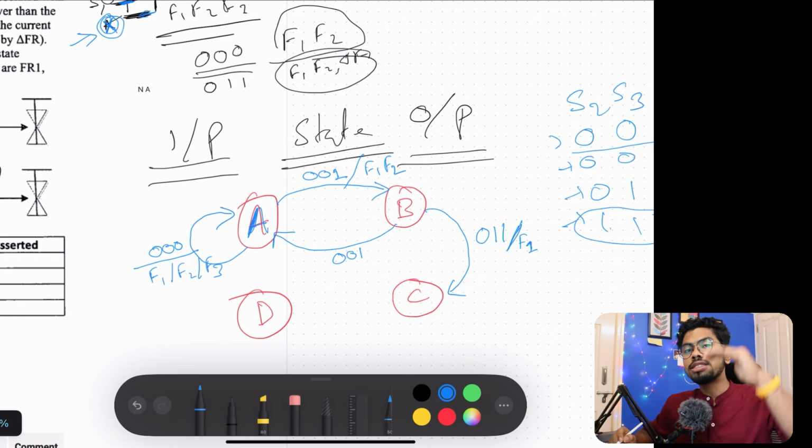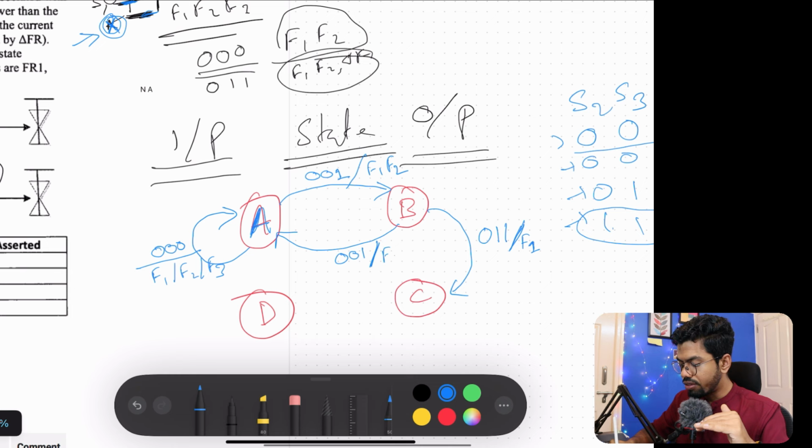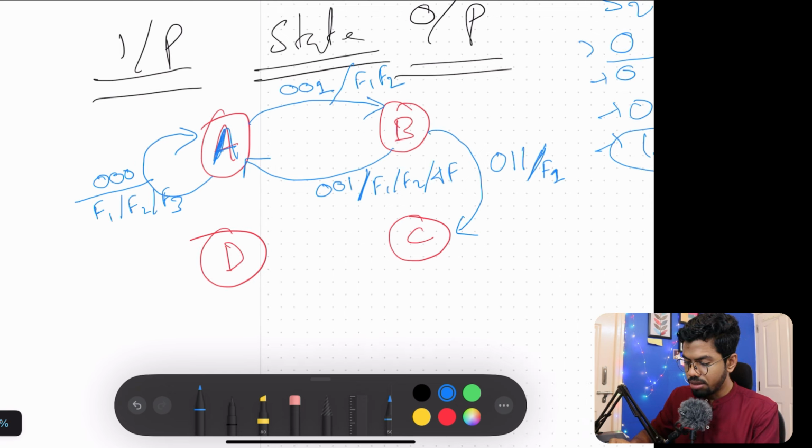But because I was at an upper level and in the next instant I'm going to a lower level, therefore for sure your F1 and F2 would be triggered, but your delta F will also get triggered, right?